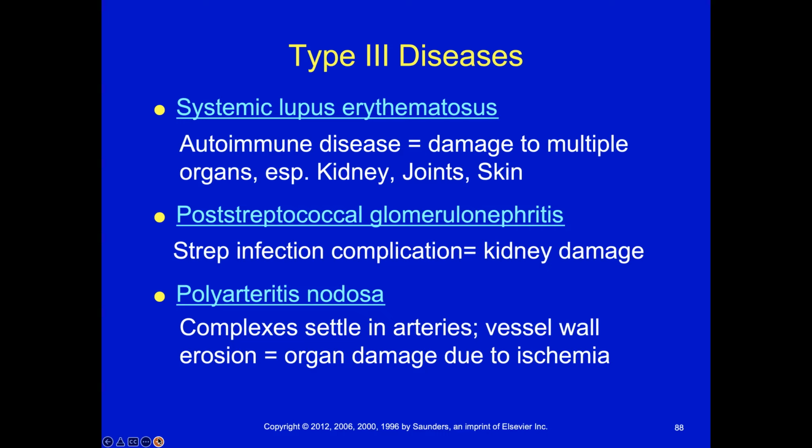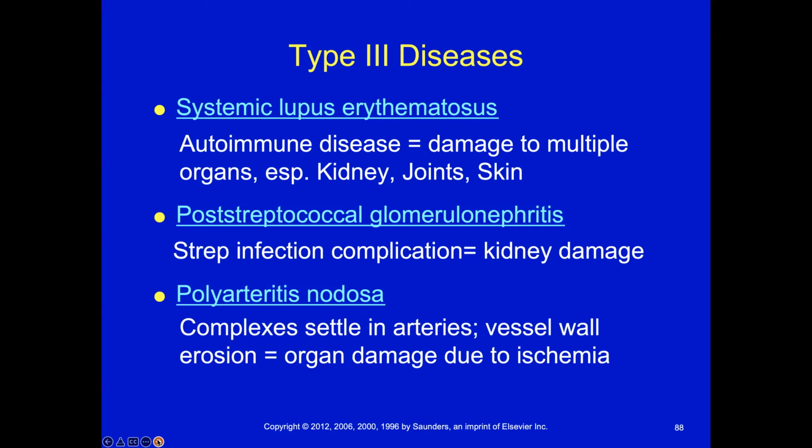Here you have inflammation and damage occurring to the glomeruli in the kidney because the antibodies that are created to fight strep infections like a strep throat actually cross-react, and there's too much similarity between the tissue in the kidney and the bacteria that are causing the initial infection. So this is a strep infection complication. You end up with a lot of tissue damage.